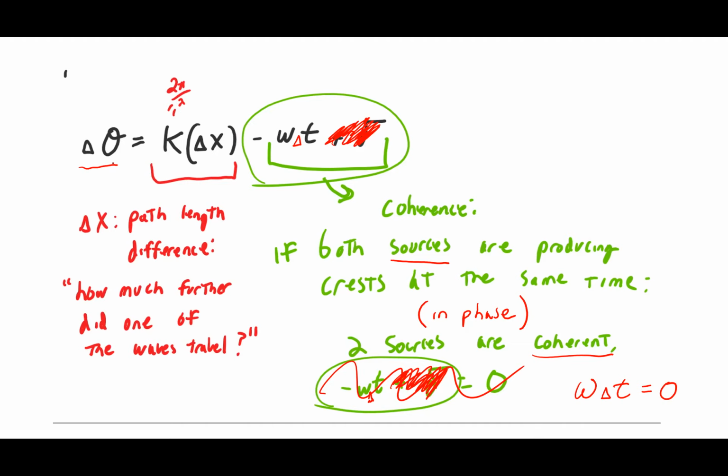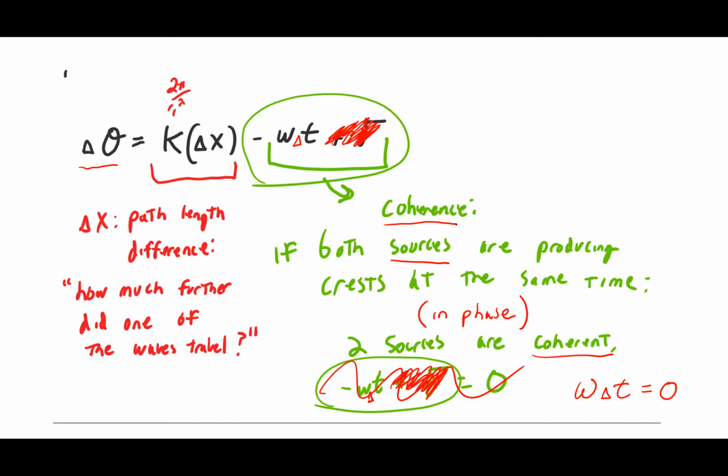So if we're talking about two sources and we want to say that they're emitting waves in phase, they're emitting crests at the same moment, the word we use for that is coherence. So coherence is this idea that if both sources are producing crests at the same time, then the two waves are in phase when they leave each of the two sources.